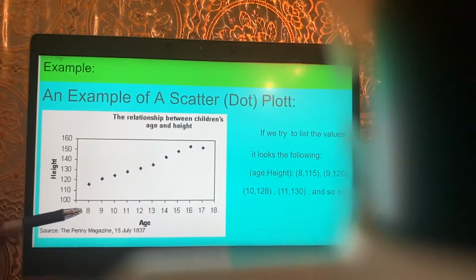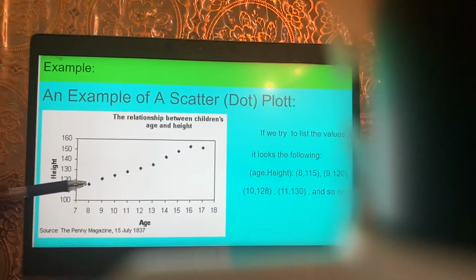At age 8, the height is approximately 115. Children of age 9, on average, have a height of 120, and so on.